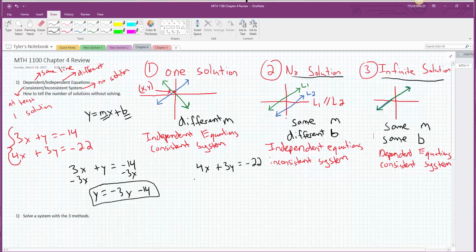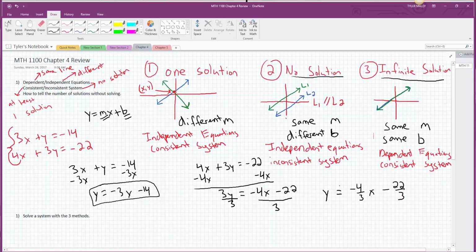So I need to subtract 4x from both sides. That gives me 3y equals negative 4x minus 22. And then now divide both sides by 3. So I'm left with y equals negative 4 thirds x minus 22 thirds.